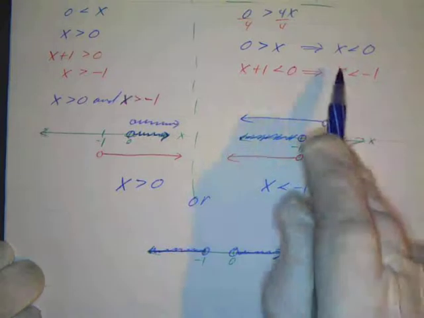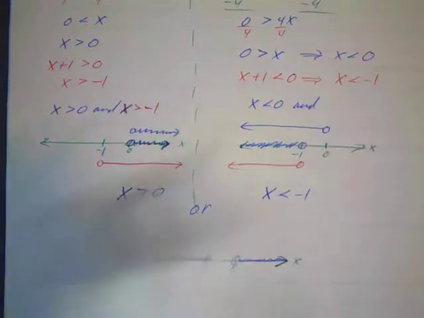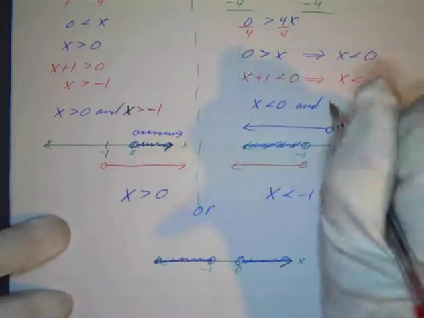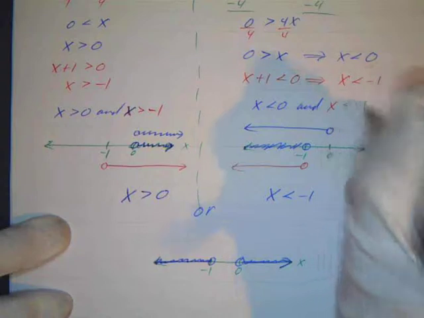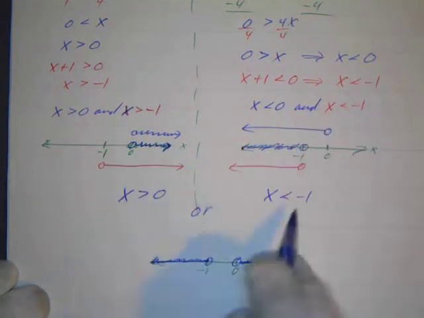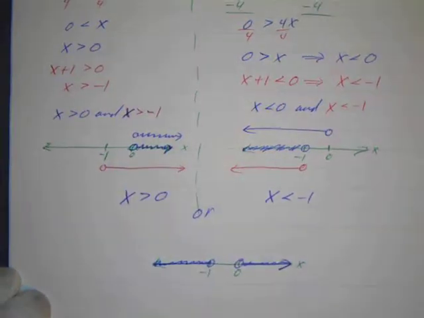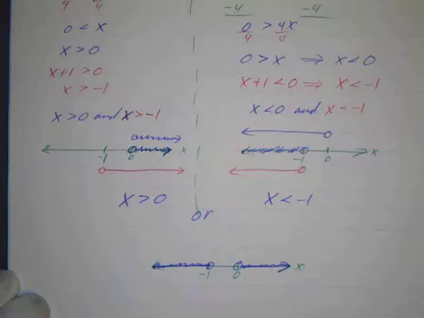So we have a conjunction here, which is an and. I should write this over here. x is less than 0 and x is less than -1. So these are conjunctions and this is a disjunction, or. So here we just have to have one line or the other. Here we have to have two lines for a conjunction or an and statement. Okay? So it's a pretty challenging problem, so take a look at that.